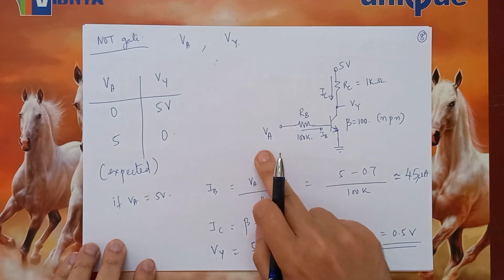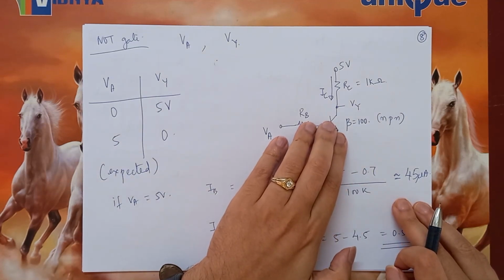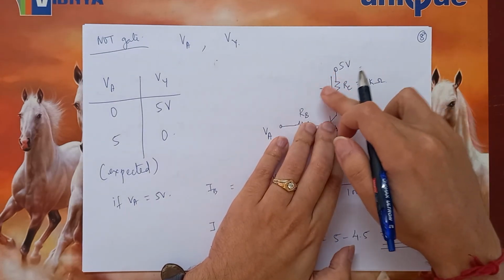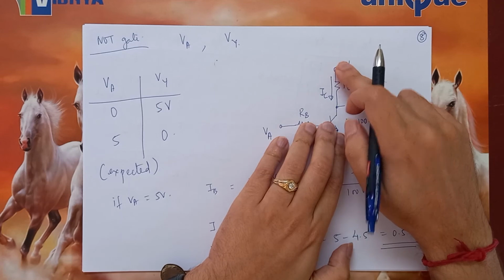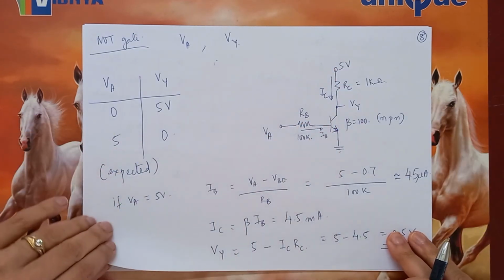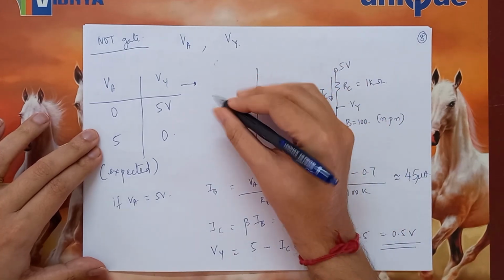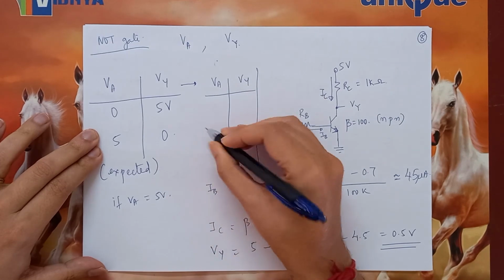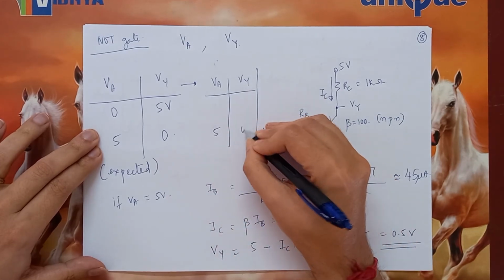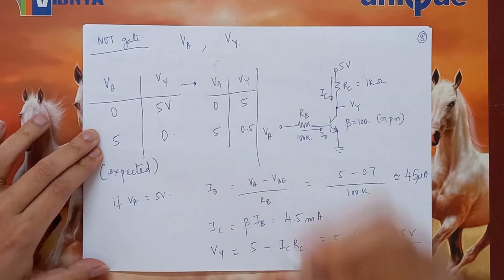Now, if the input VA is 0, then the base emitter junction becomes reverse biased. So the base current is 0, the collector current is also 0. So in this case, Vy will be exactly equal to 5. After analyzing, the truth table comes out like this: when the input is 5 volts, the output is 0.5 volts, and when the input is 0, the output is 5.